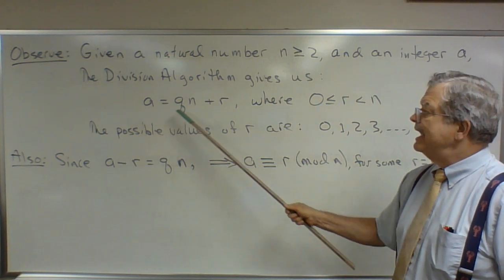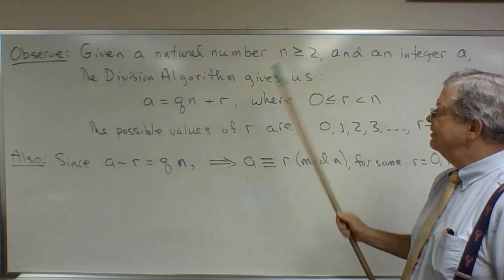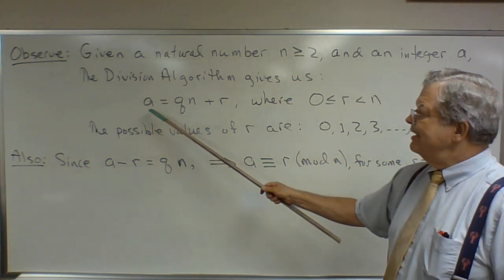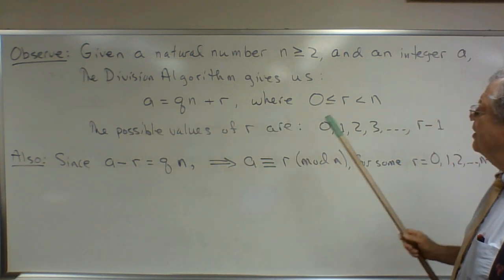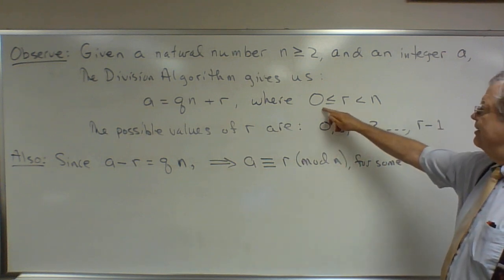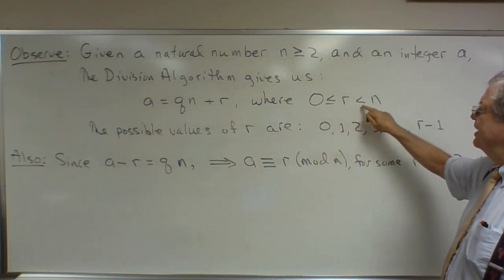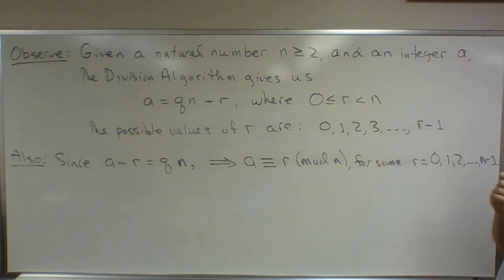So we're taking a and dividing it by n, an integer greater than or equal to 2. And a is equal to quotient times divisor plus remainder, where the remainder has to be greater than or equal to 0 and strictly less than n.